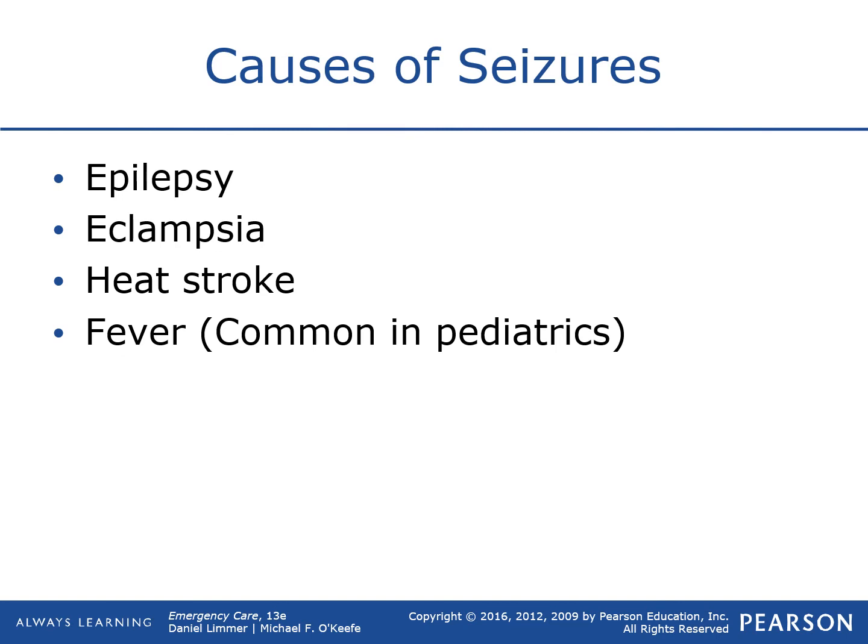It can't function well if it's too hot. So fevers in pediatrics are a very common cause of seizures, and we call it a febrile seizure. So febrile seizure is something we see a lot in pediatrics, and we'll return to that during our pediatric day.